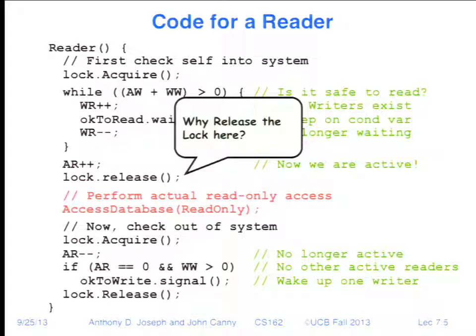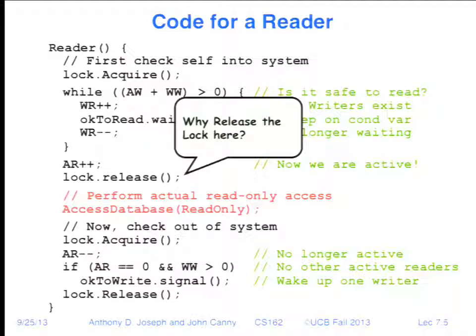It's a question about allowing the other threads to figure out what's happening. Does that make sense? So what we're actually locking here is the state variables. So we want to allow a reader to go in and do a read, and another reader to actually get through here and do a read at the same time.